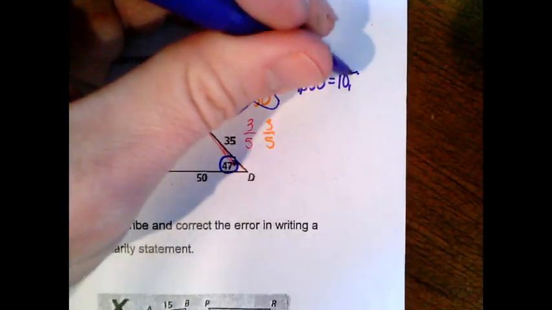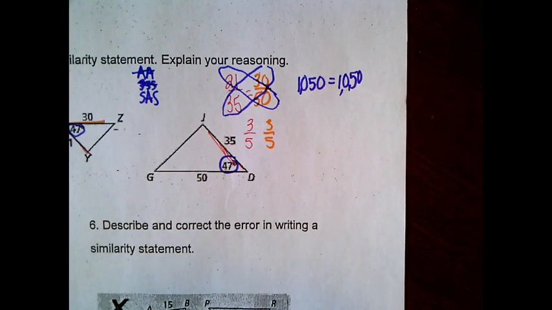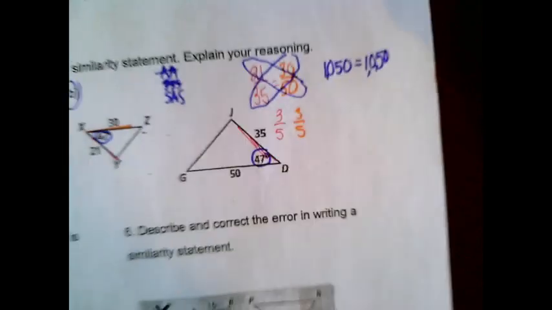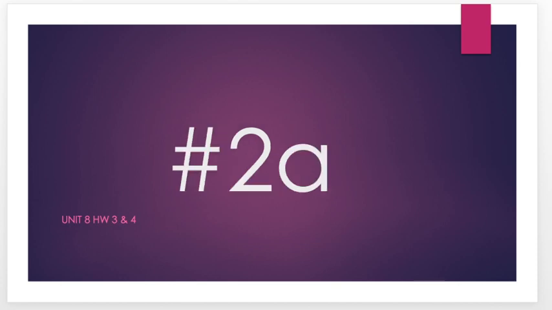That is 1050, so they are equal. So they are similar by side, angle, side. Okay, now we're on to 8-4. Our first question on 8-4 was 2A, so we're going to move on to 2A.